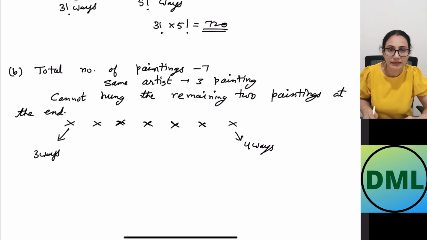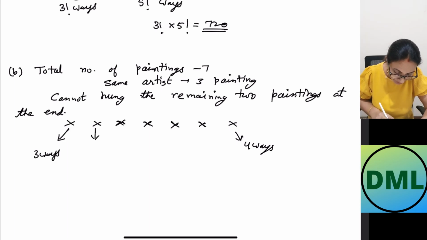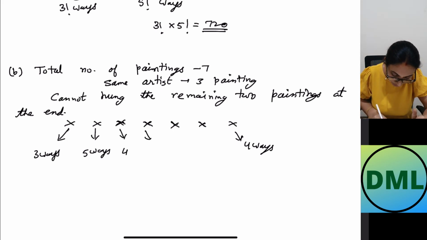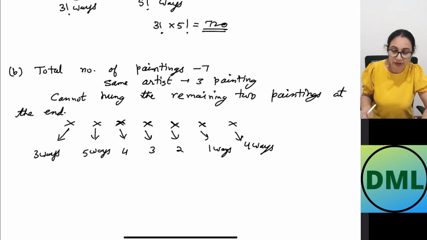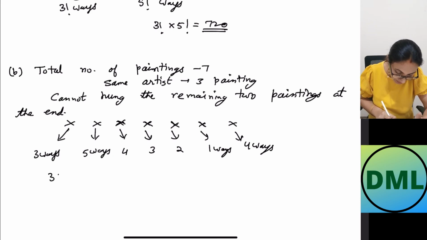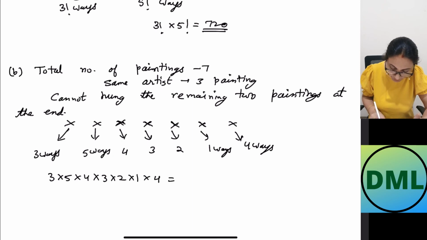Now two paintings are gone, you already placed them. Now 5 paintings are available with you. So this place can be filled in 5 ways. You can place any one of the 5 paintings. So the next place will be filled with 4, another one will be 3, another one will be 2, and the last one will be arranged in 1 way. So the total number of arrangements is given by 3 cross 5 cross 4 cross 3 cross 2 cross 1 cross 4, which will be 1440.